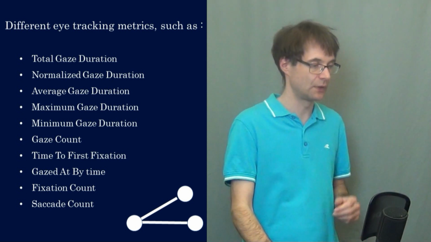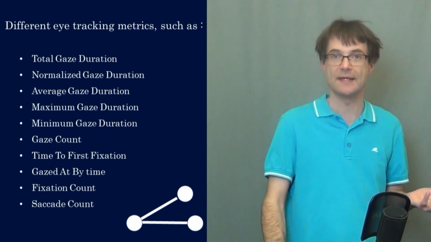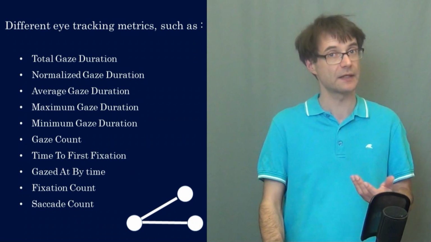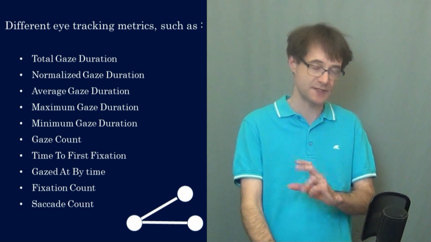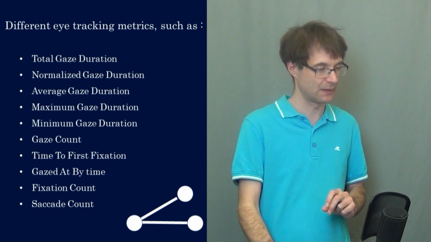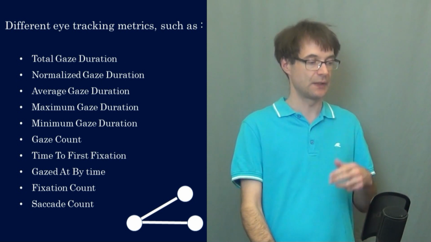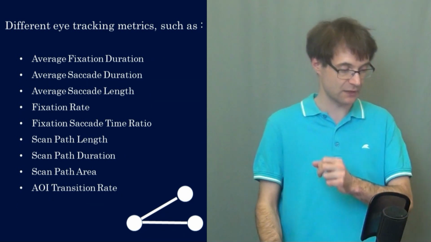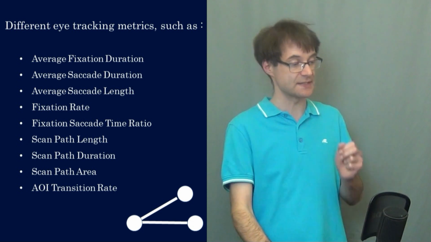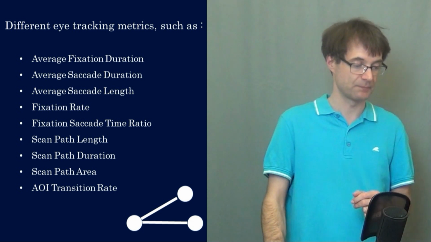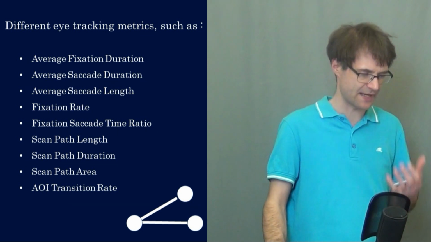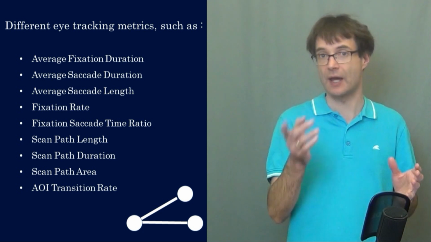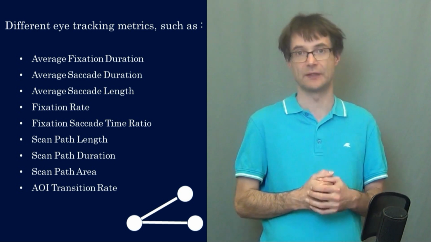So, for example, the total gaze duration and the normalized gaze duration, the average gaze duration, maximum and minimum gaze duration, the gaze count, the time to first fixation, gazed at by time, the fixation count, the saccade count, the average fixation duration, the average saccade duration, the average saccade length, the fixation rate, the fixation saccade time ratio, the scan path length, the scan path duration, the scan path area, and the AOI transition rate, just to name a selection out of the reference literature here.